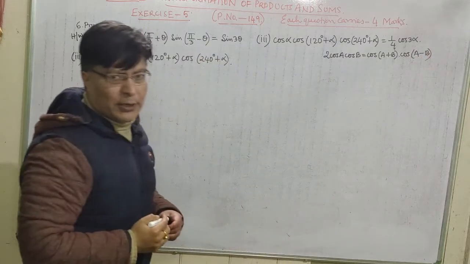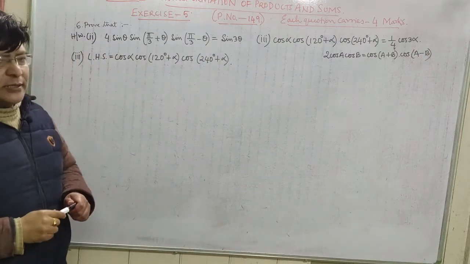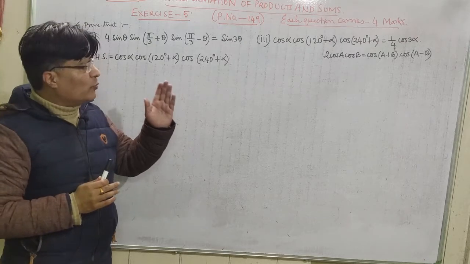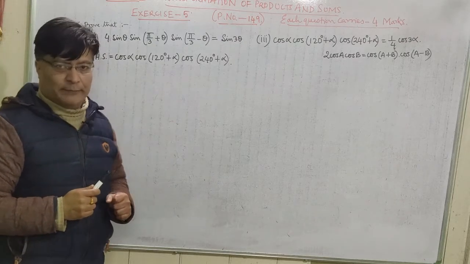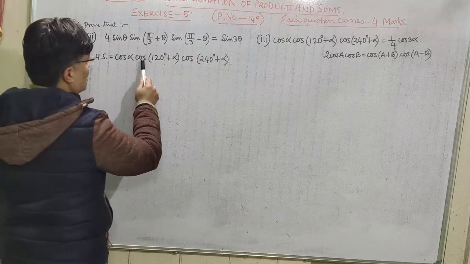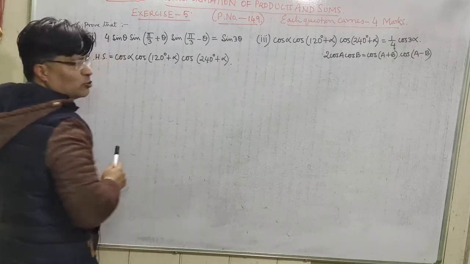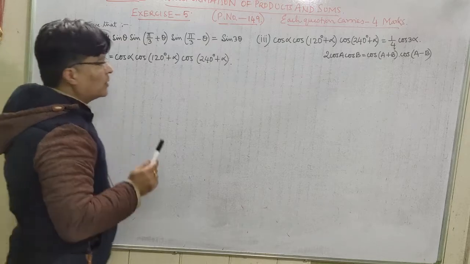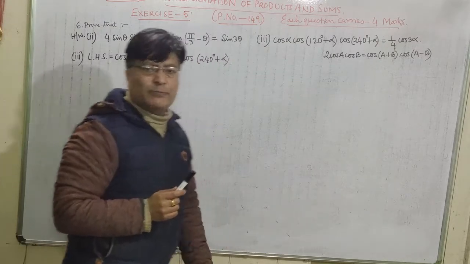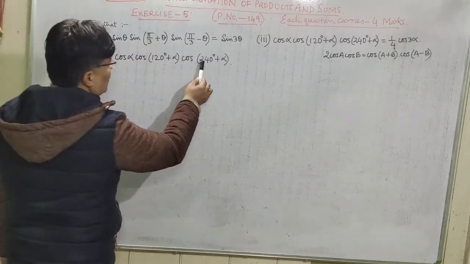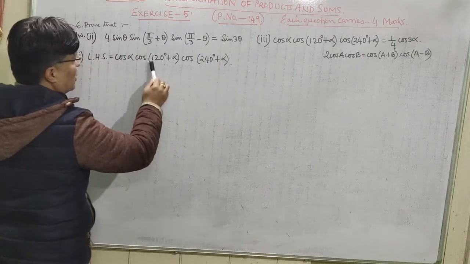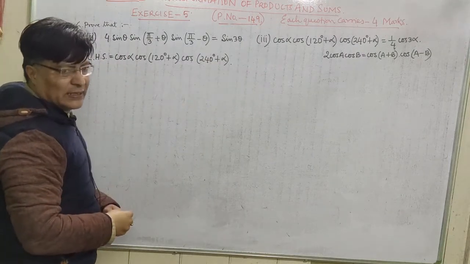So now in this case, for which expression will you use 2 cos A cos B? For the last 2 terms, that is cos of 120 plus alpha and cos of 240 plus alpha, we can use 2 cos A cos B. Here the greater angle is A and the smaller angle is B. So this 240 plus alpha is taken as A and 120 plus alpha is taken as B.